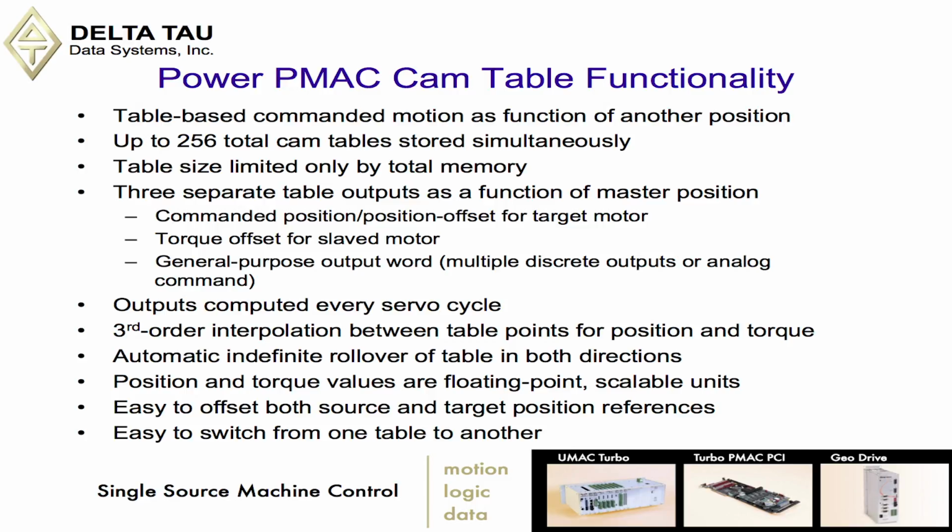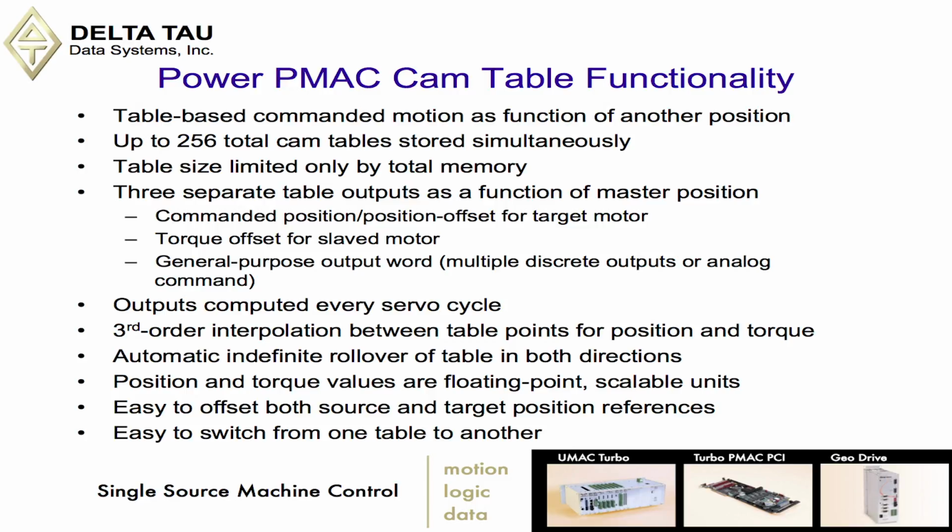So you can have synchronous outputs that go along with the cam table. The outputs are computed every servo cycle, and it's third order interpolation between points for the position and the torque output. Of course, there's no interpolation of the outputs because those are just digital I/O.